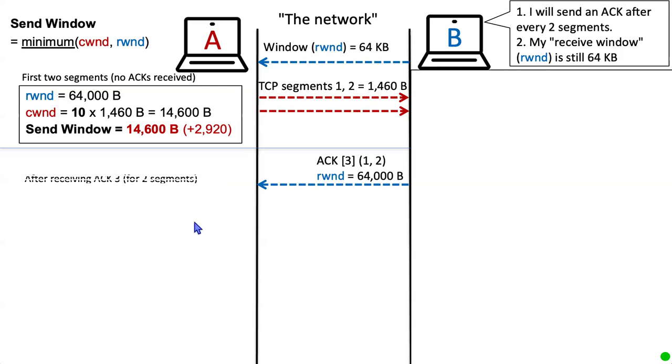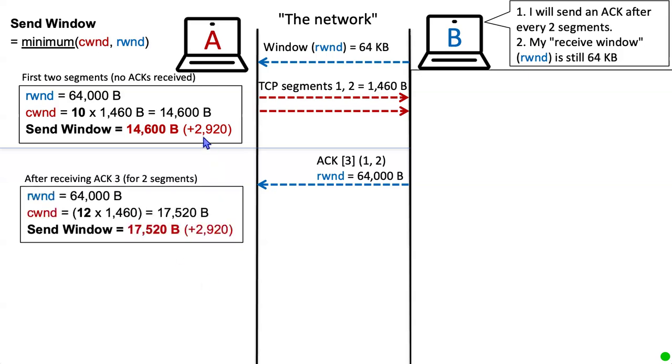We're just going to now increase it by 2. Okay, it's really just 14,600 bytes. Here we're increasing it by 2 maximum segment sizes. So delete that from your mind there.